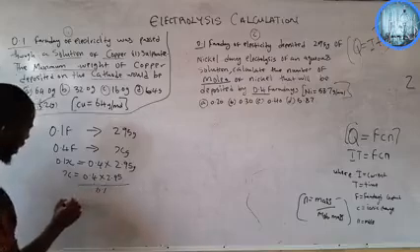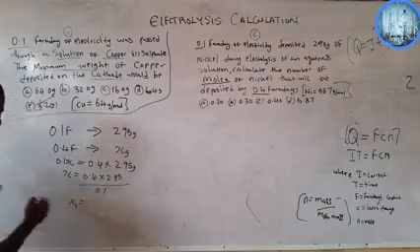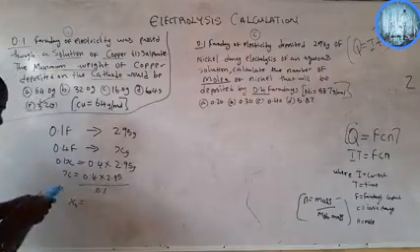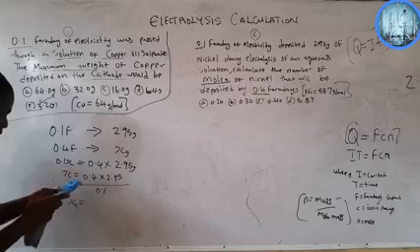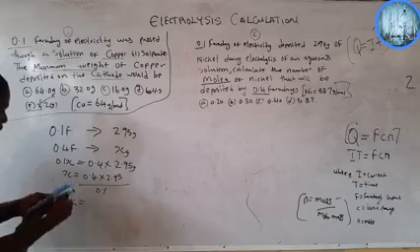These are x in grams. Mind you, x in grams. If you do the math correctly, we have 0.4 multiplied by 2.95 divided by 0.1.